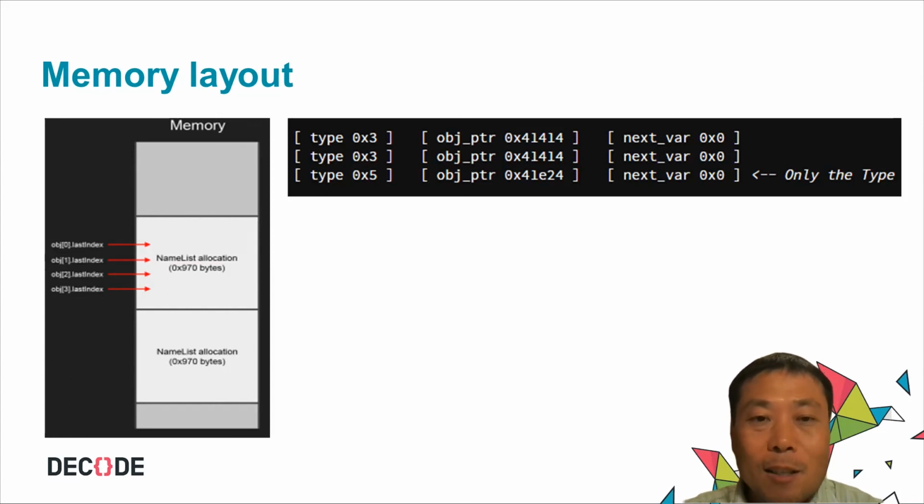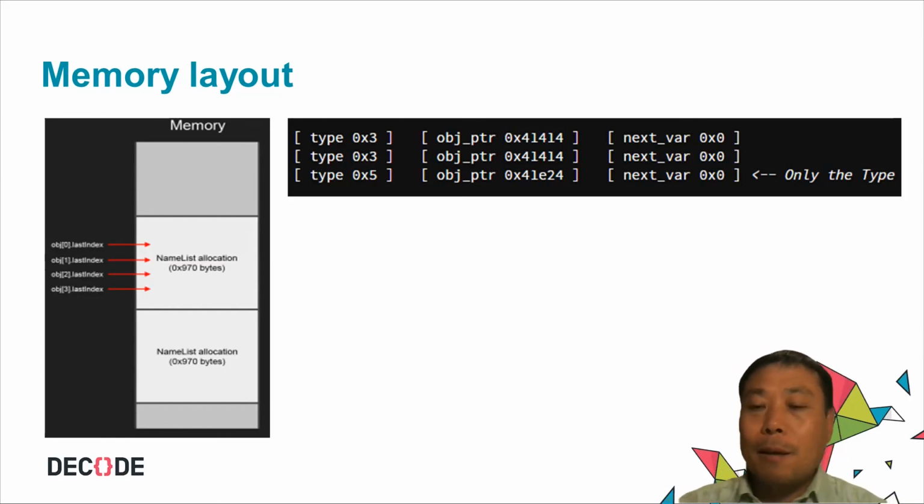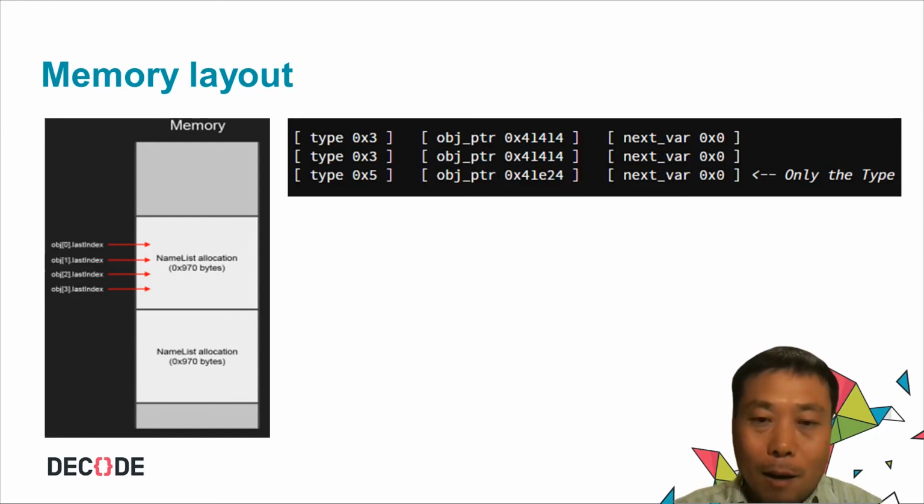If we set the last one as 0.5, it means it's a double float. And if we read out the value, it's actually the address of the next object. This way, we leak the object address.